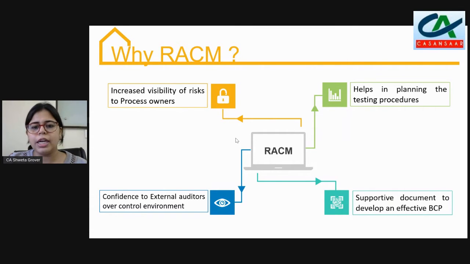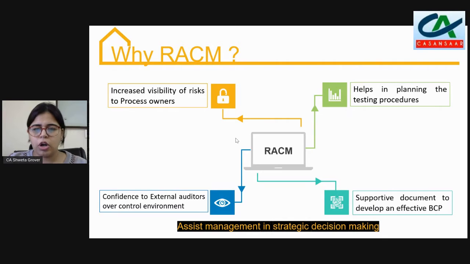Accordingly, they have to plan their BCP. Where it's not possible to implement any additional or compensatory controls, they have to make sure that a separate BCP is there in case any unforeseen circumstances happen. So this RCM helps in preparing that BCP.